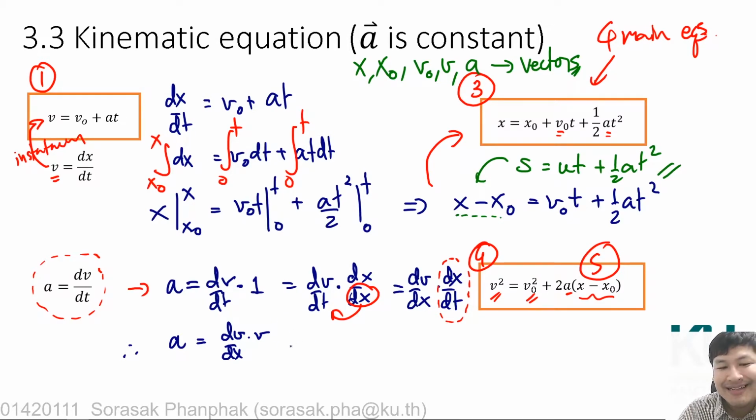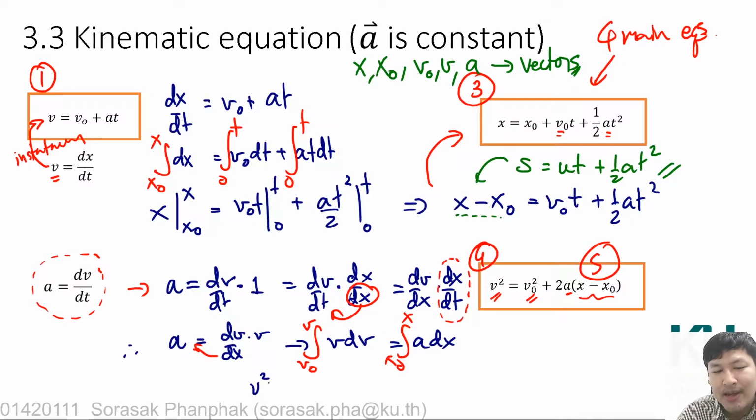So now you change this term. You have the dx over here, and now you get v dv on the left, equal to a dx on the right, and put the integral into it. What you want is from v0 to v, and from x0 to x. So the integral of v dv is v squared over 2, with the limits put in.